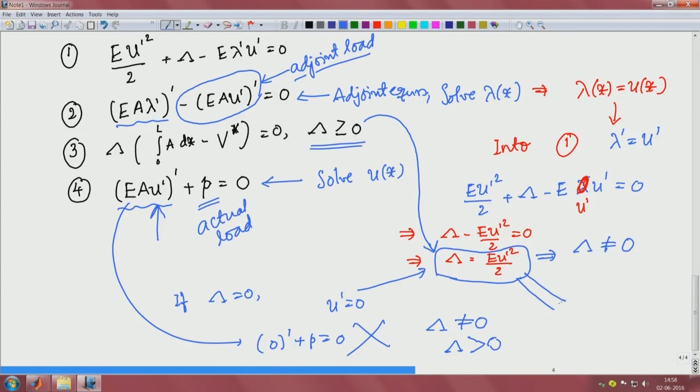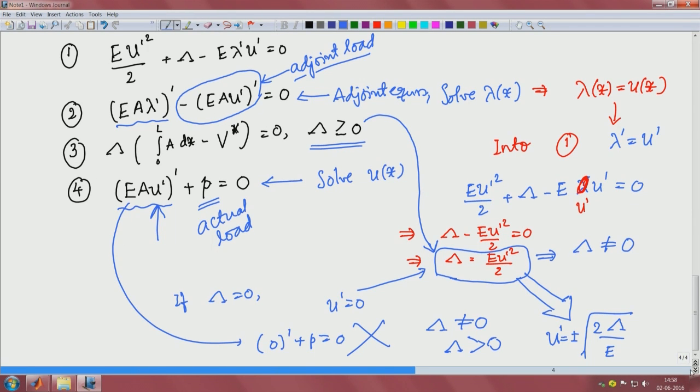So, we conclude that u prime is equal to plus or minus the square root of 2 lambda by E. Because u prime square is there, I am taking the square root, so I should allow both plus and minus.